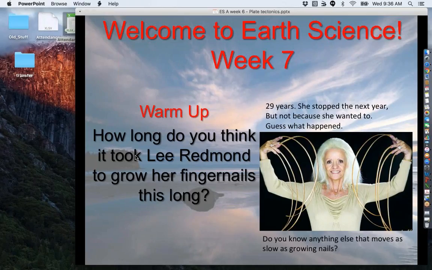Hair. Hair is close, but I think hair is going to go longer. You could imagine if you grew your hair for 29 years, and it wasn't falling out, I think it would be quite a bit longer than that. But that's a good guess.